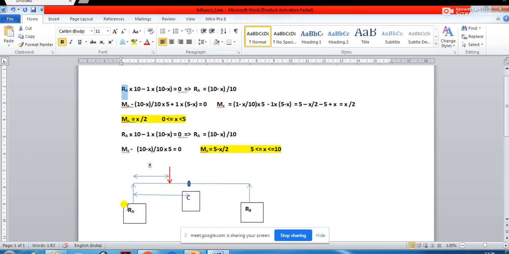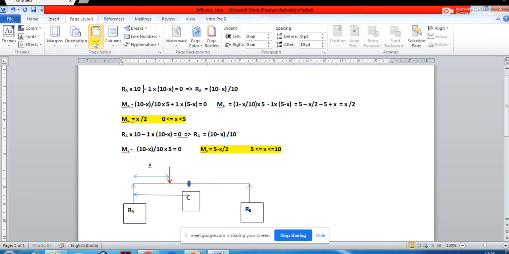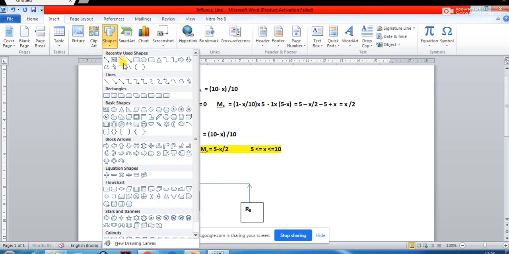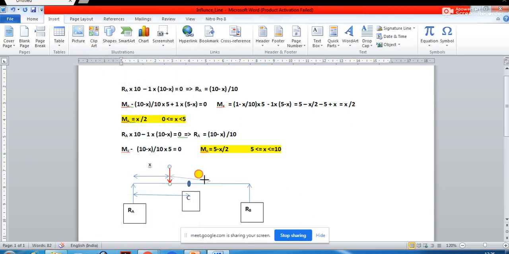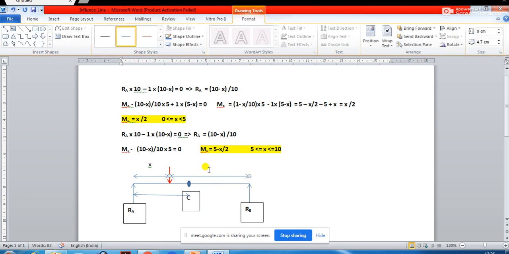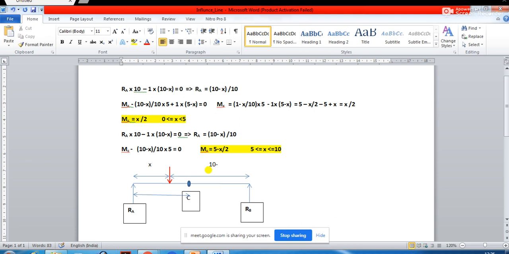So how do we find out? The reaction at A can be easily found out by taking moment about B. So if you take moment about B, RA into 10, because from here to here the distance is 10 meter, minus 1, this load is 1, into the distance from here to here, which is 10 minus x.